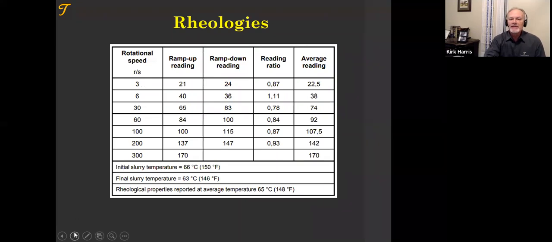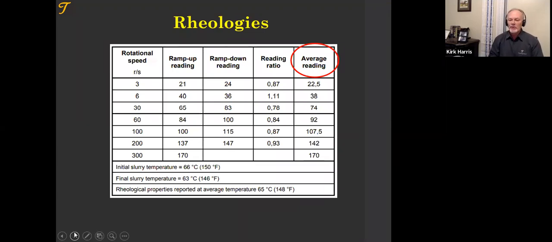But the API method is to first ramp up, go low rotational speeds, 3 RPMs, up to 300, and we ramp up the speed, and then we ramp back down, and we take the average of those readings.